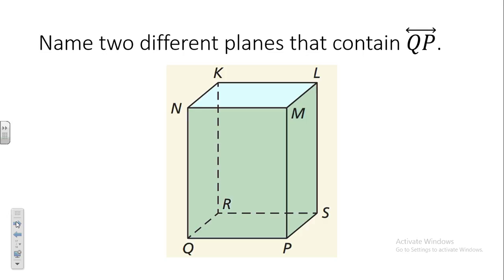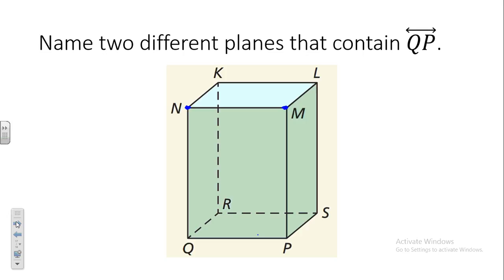We've got lots of places where things are intersecting, so they're not going to put the little dots where those points are. But this is the understood point N, and this is the understood point M, and so on. So we have a front plane, a back plane, a bottom plane, a top plane, and a left and a right plane. Okay? So two different planes that contain line QP.